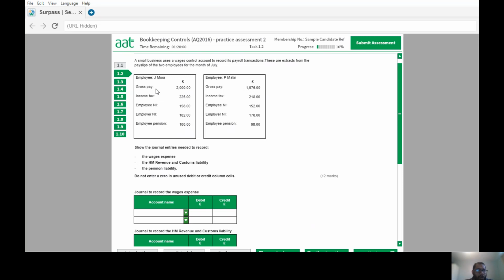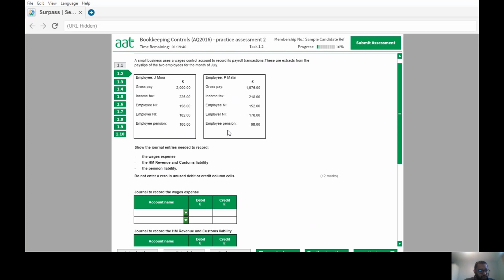Here, you only have to add all your gross pay plus any employer national insurance contribution. So in this scenario, the gross pay is going to be £2,000 plus £1,976 plus both of the employer national insurance, that's 182 plus 178.